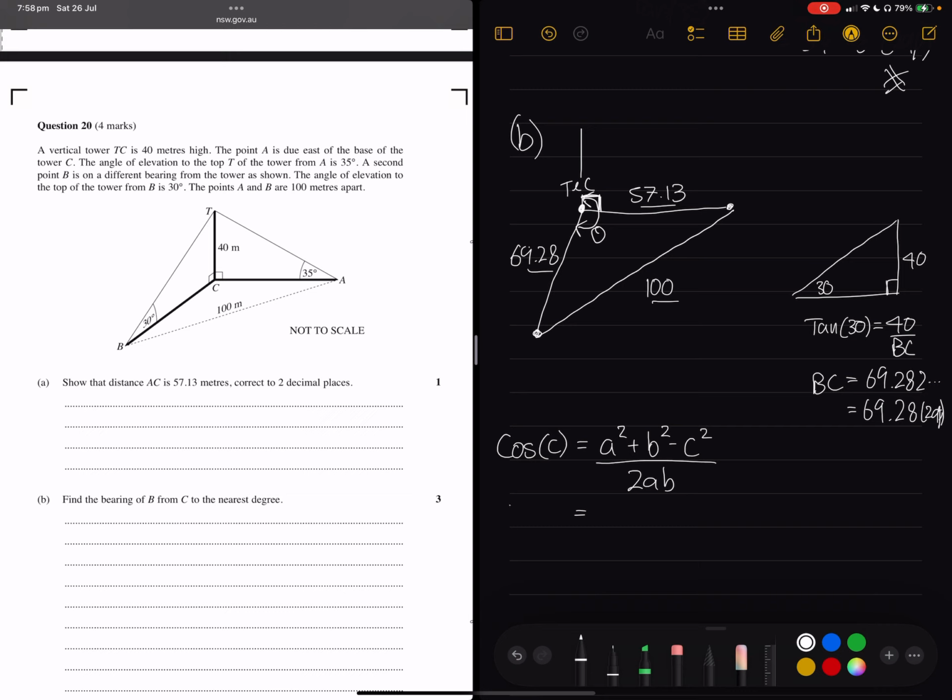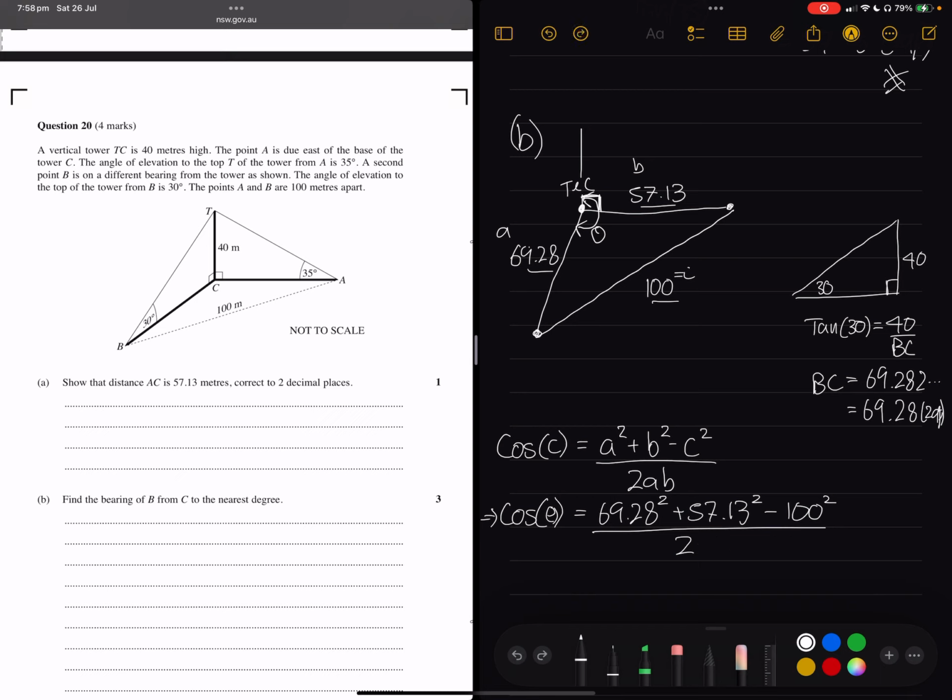So cosine of capital C, which in our case is theta, is equal to 69.28 squared plus 57.13 squared minus 100 squared. This down here is lowercase c.